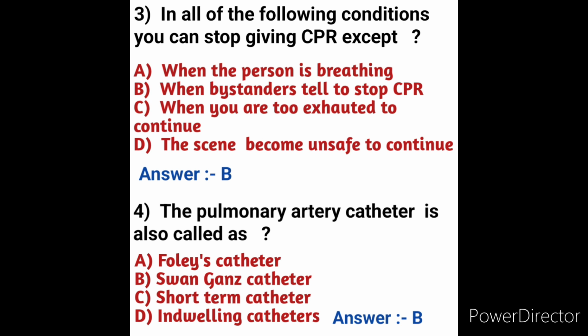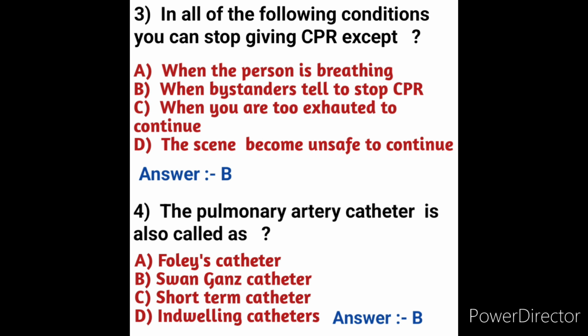It is done to monitor heart function, blood flow, and blood pressure in the surrounding area of the heart. The pulmonary artery catheter is also called the Swan-Ganz catheter. Option B is the correct answer.